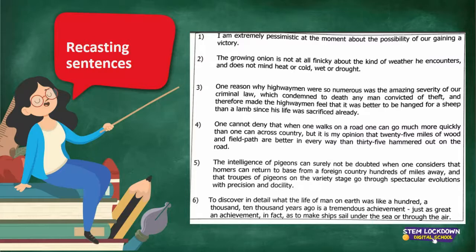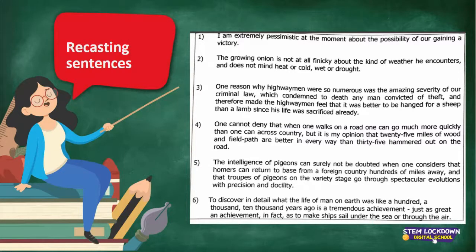So the opposite obviously is optimistic. There is an adjective, there is an adverb, extremely pessimistic. We are describing how, at the moment, about the possibility of our gaining a victory.